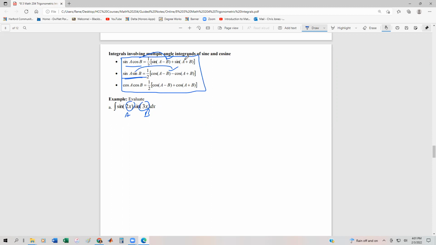So we can immediately rewrite this as the integral of 1/2 times cosine of 2x minus 3x, minus cosine of 2x plus 3x, and we still have our dx on the outside.